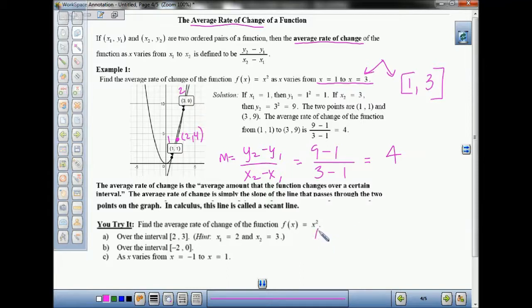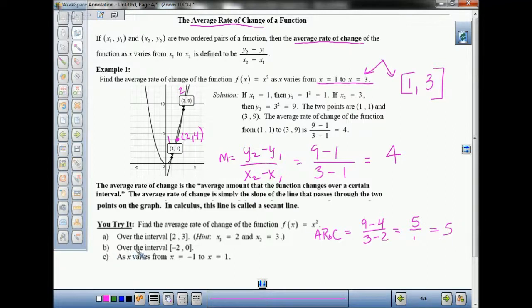So to find the average rate of change, which I abbreviate AROC, average rate of change, it is y2 minus y1 over x2 minus x1. So the average rate of change between these 2 points from an x value of 2 to an x value of 3 is 5 over 1, which is just 5.